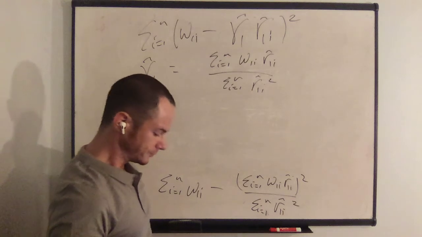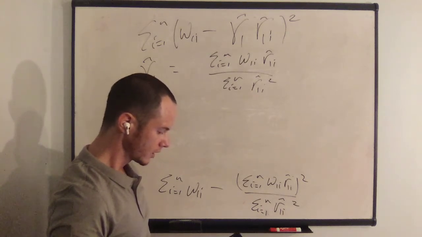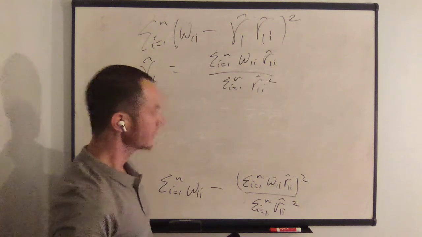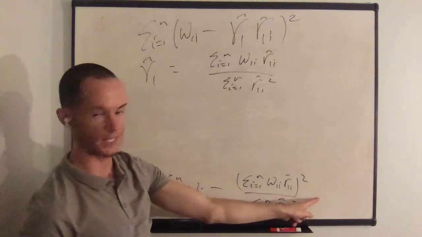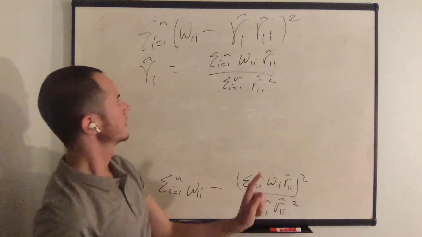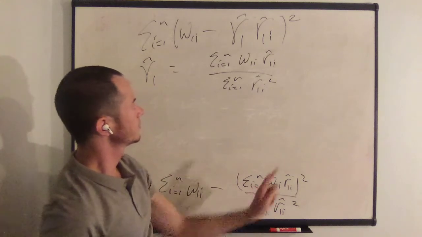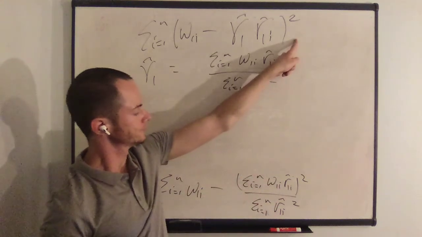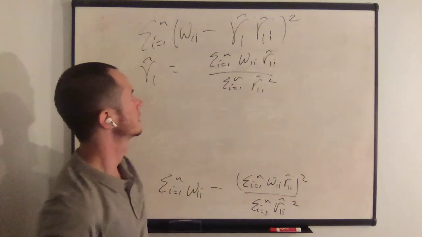What I'd like to do is show that this line gives us this line, because this completes our proof. But how do we get from here to here is the question.